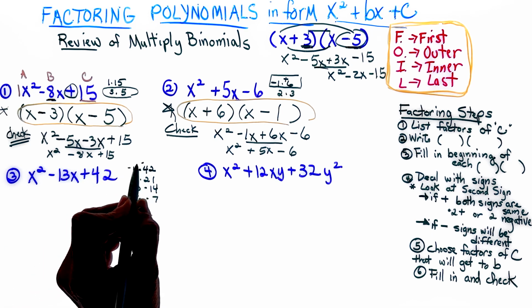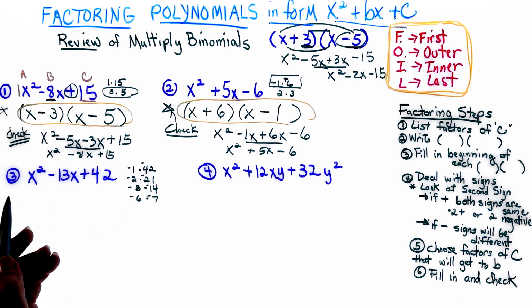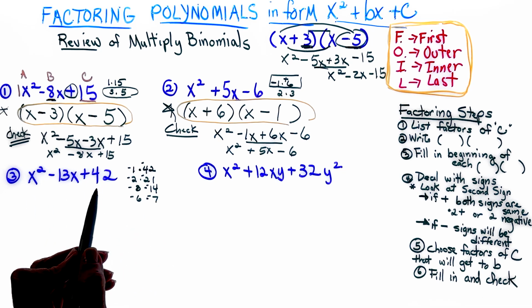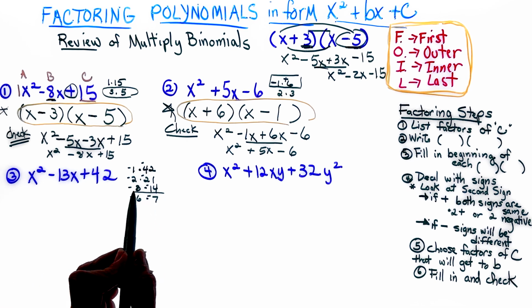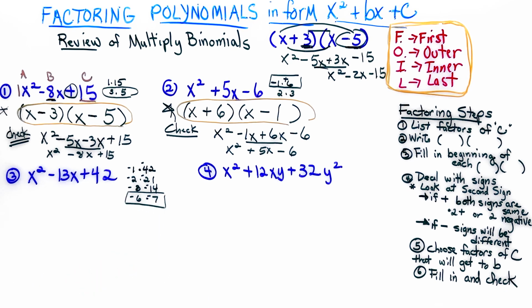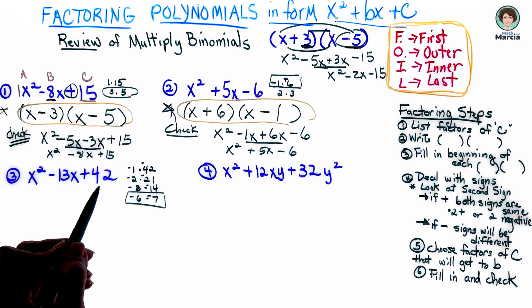And remember, they both have to be negative in order to end up with that positive 42. So I do see a winner here. Finally, when I do my negative 6 times a negative 7 is going to give me a positive 42.